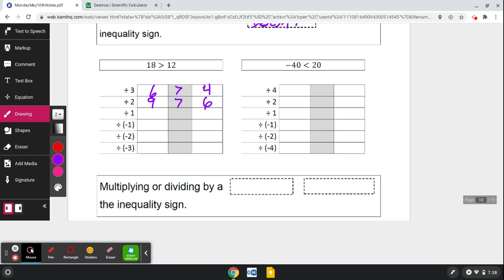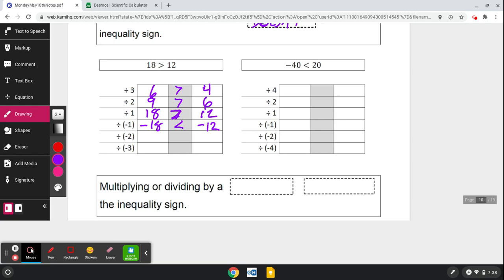Divide by 1, that doesn't change anything. Is greater than, I'm sorry, my greater than signs are starting to look like 7s. But those are the greater than signs. Now, if I divide by negative, I get negative 18 and negative 12. Is negative 18 still greater than negative 12? No, it is now less than.